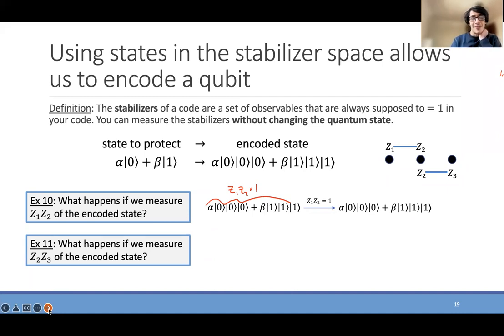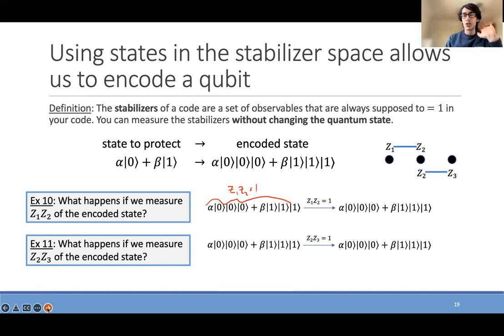So then let me ask a follow-up question, which is hopefully straightforward. What happens if we measure Z2, Z3? Same. Right. So there's no difference between Z2, Z3, and Z1, Z2. Both of them have a definite value of 1 in our state.